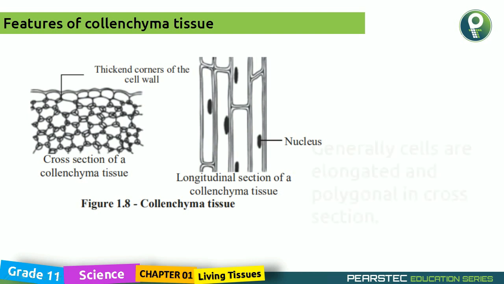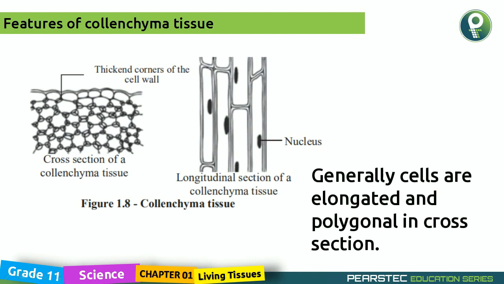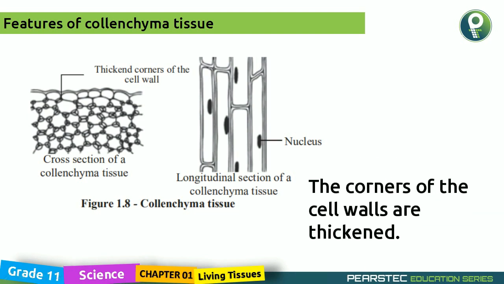Now, let's understand the next one. Generally, cells are elongated and polygonal in cross-section. You can see that in the cross-section.